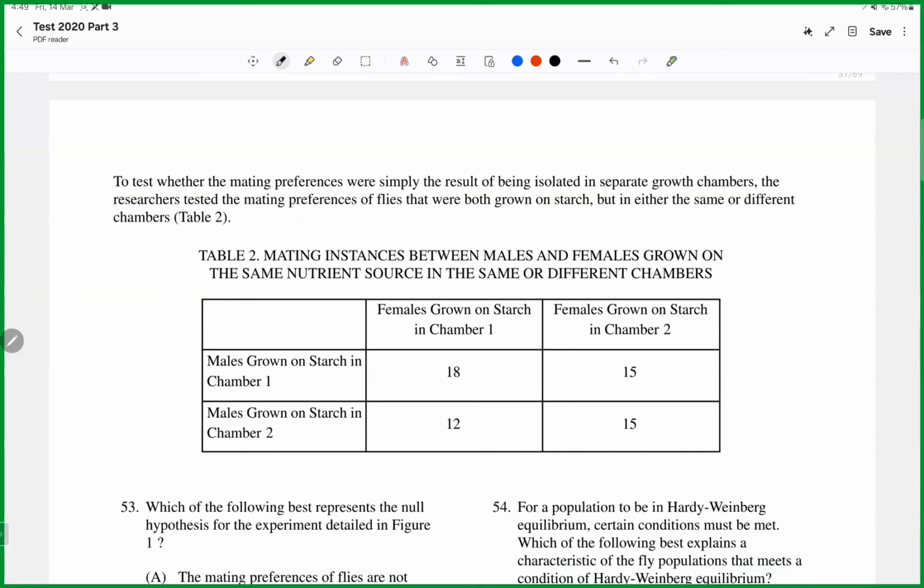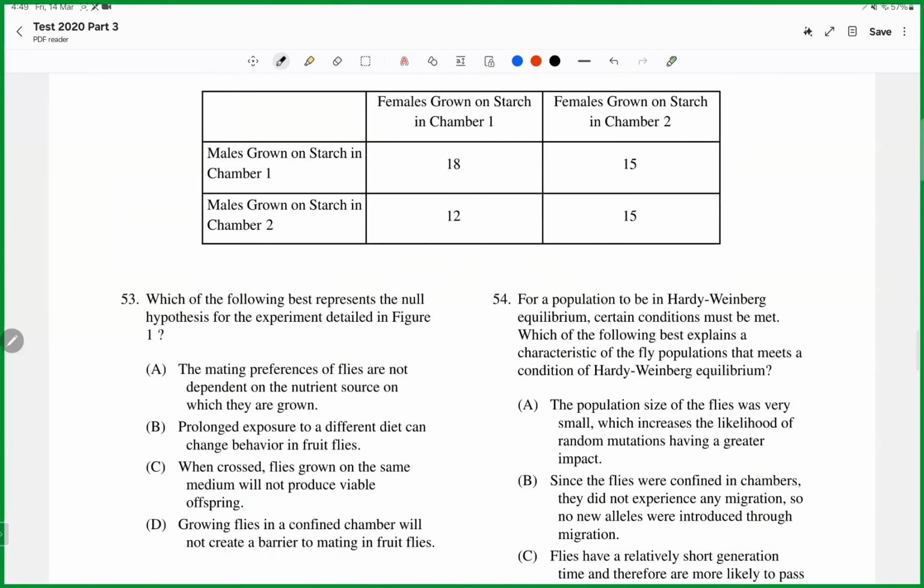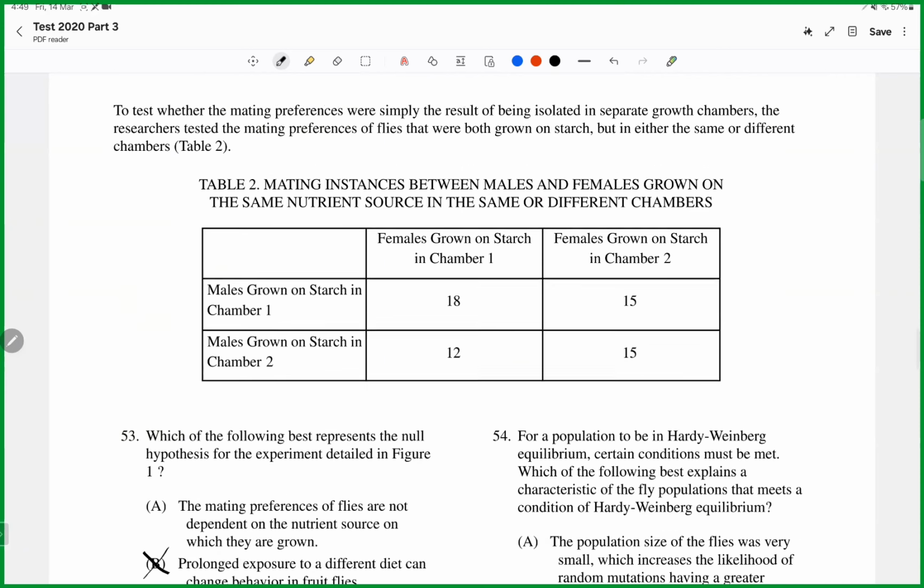Okay. Interesting. Moving on. Which of the following best represents the null hypothesis? You know what that means? There's no effect. You look for no effect. So it's not B. Look, what is the idea of figure 1?